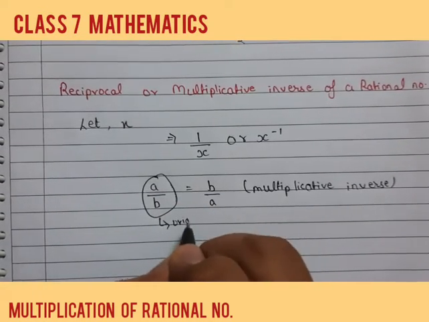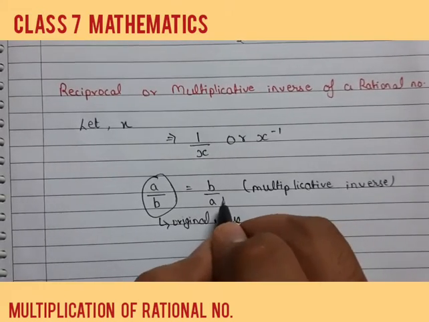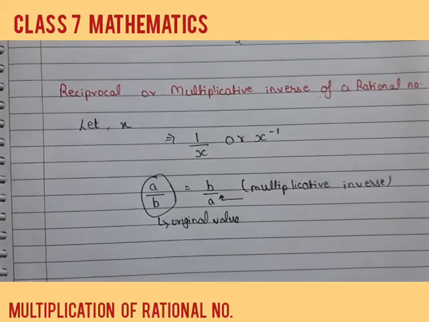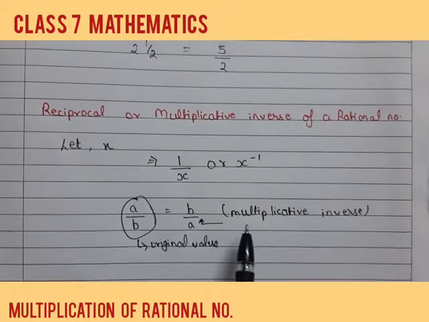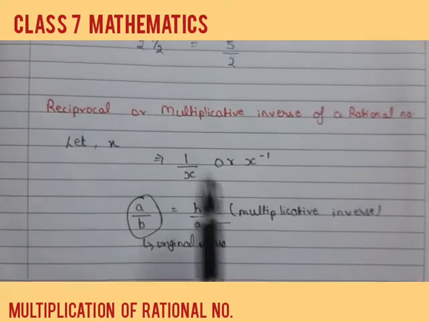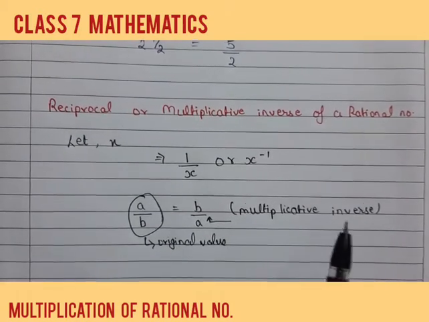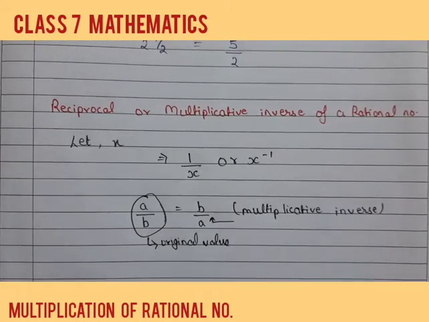This is the original value and this is the multiplicative inverse of it. The reciprocal of a rational number is also known as its multiplicative inverse. Either it's a reciprocal or a multiplicative inverse, both have the same meaning.